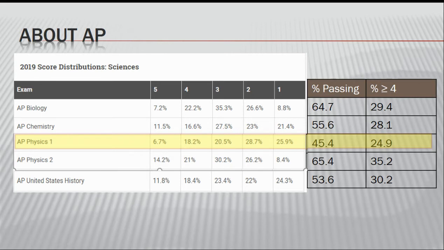If you look at this, you can see that it is by far the most difficult science test. I pasted in the APUSH results here as well. If you look at the percentage passing, AP Physics 1 is the only one that is under 50%. And then the percentage of a 4 or above. Many colleges will accept a 3 and give you credit for that, but there are a good amount of colleges that only accept 4s, and that is also significantly lower.